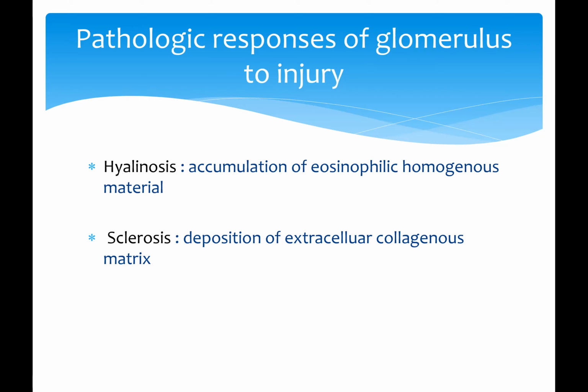So, do not forget some key points. What are the pathologic responses of the glomerulus to injury? Number one, as I have mentioned, would be hypercellularity, basement membrane thickening. Number two, hyalinosis and sclerosis. These are the terms that you should bear in mind.